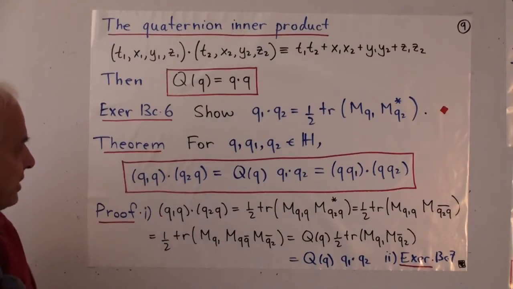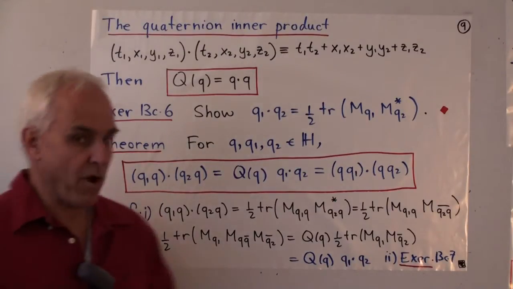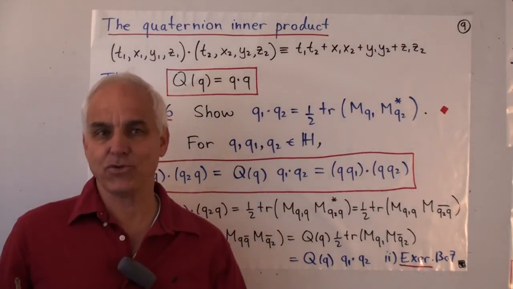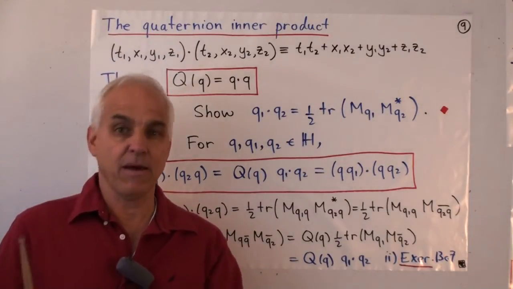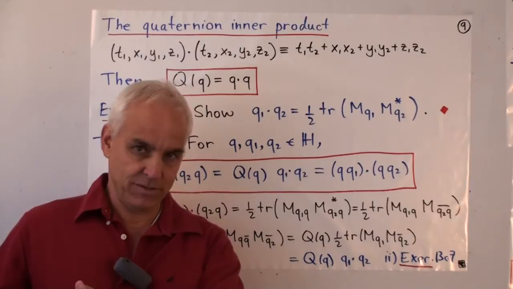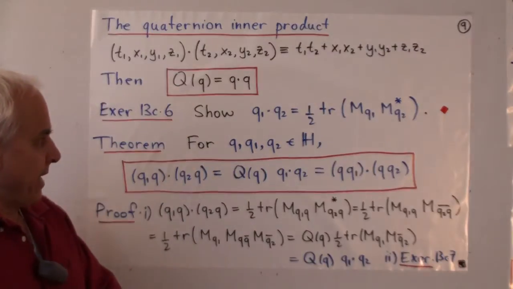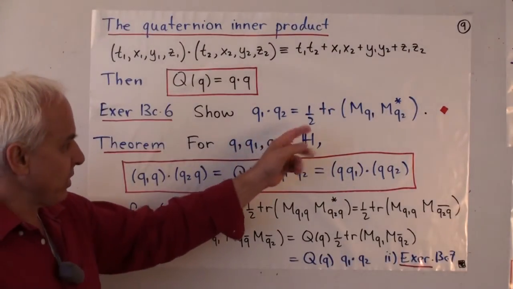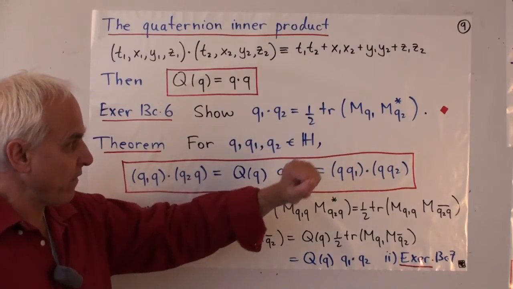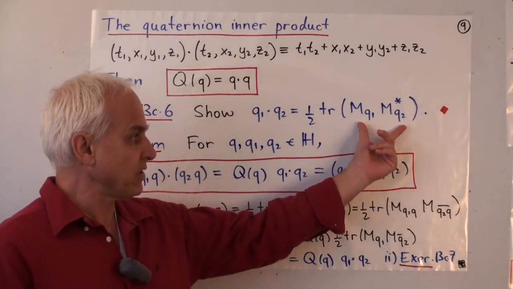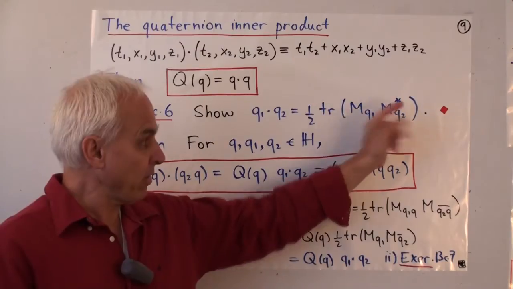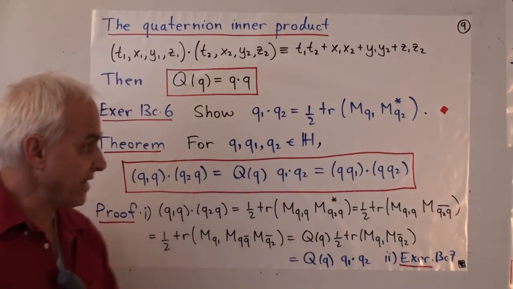Alright, so your next exercise is to show that this inner product also has a natural expression in the matrix language. Q1 dot Q2 is one half of the trace of the product of the associated matrices, but with a Hermitian conjugate on the second one.